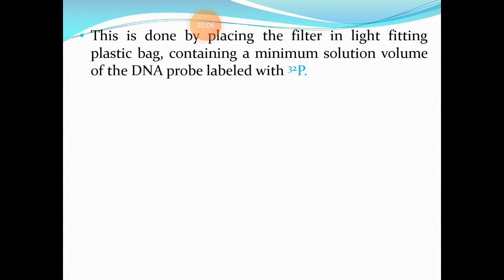This is done by placing the filter in a boilable plastic bag which contains a hybridization solution and DNA probes which are labeled with radioactive phosphorus P32. Okay. You can design your own probes.